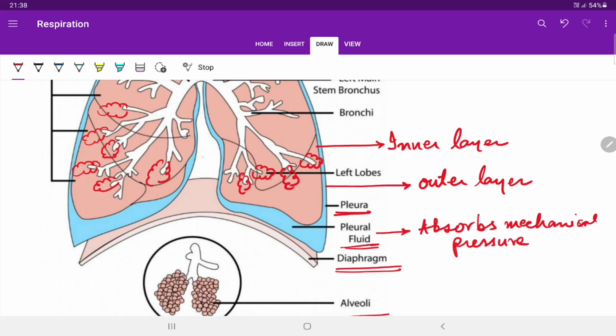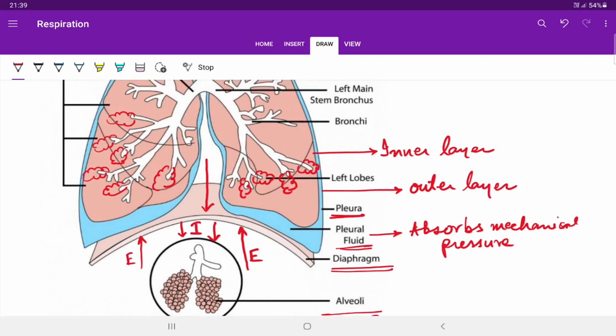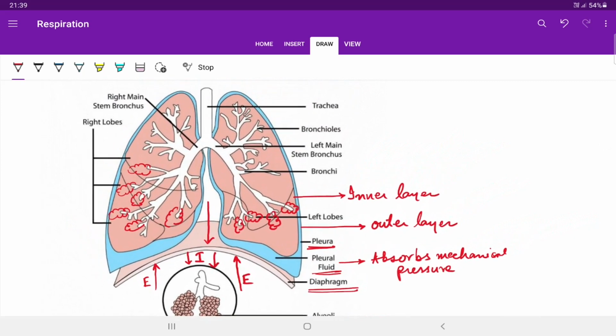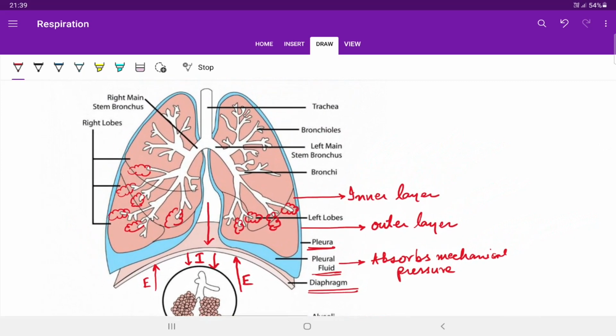So, we can show that this muscular sheet moves down whenever we inhale, and whenever we exhale, it moves up. Let me show you here. E means exhalation and I means inhalation. And in this mechanism, what is actually happening? It permits the contraction and expansion of the lung cavity.